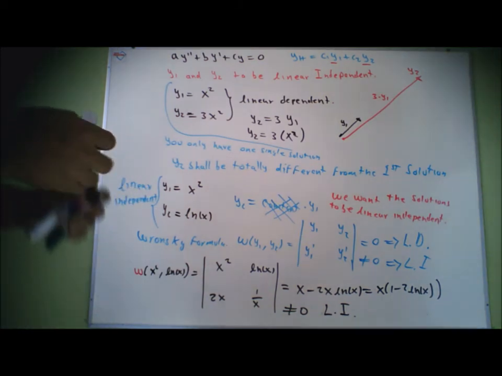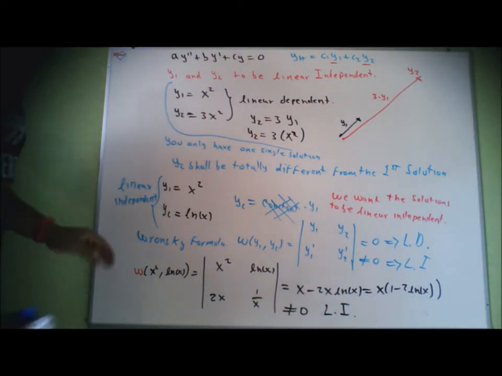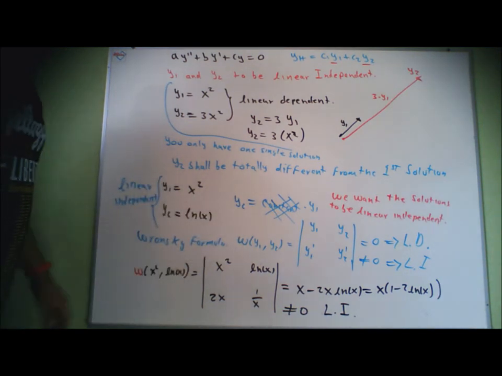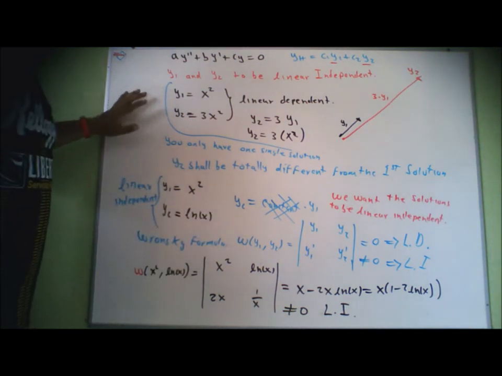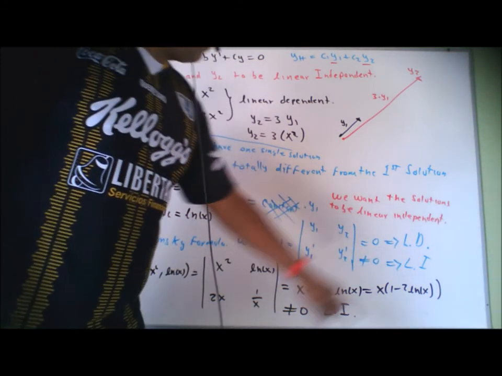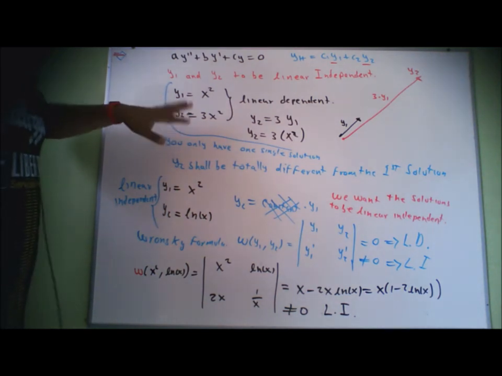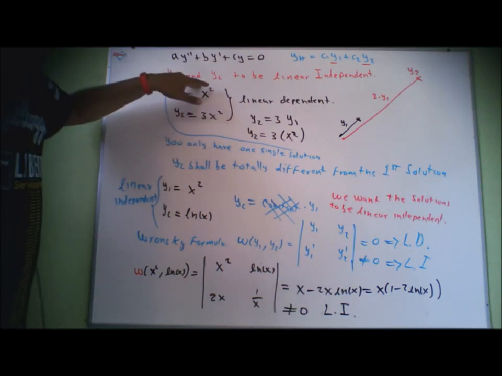So with this formula you can test whether your solutions are linearly independent or linearly dependent. If they are linearly dependent, that means you have repeated solutions, and the second solution is the same as the first solution.